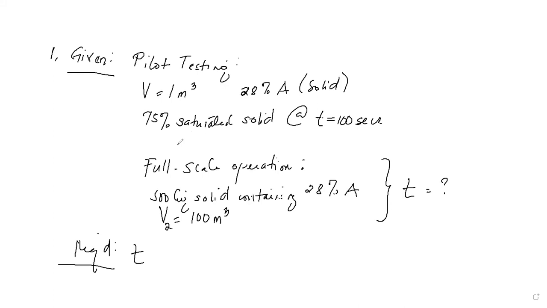So it says here that water is saturated with a solute at a concentration of 2.5 kilogram per cubic meter. So our C sub S, the concentration at saturation, is 2.5 kilogram per cubic meter.